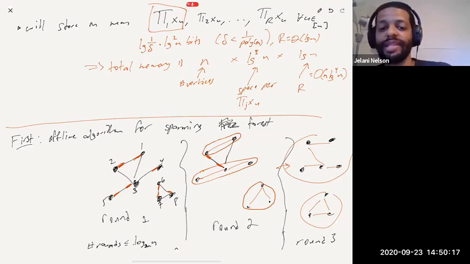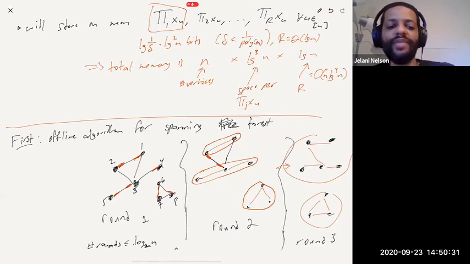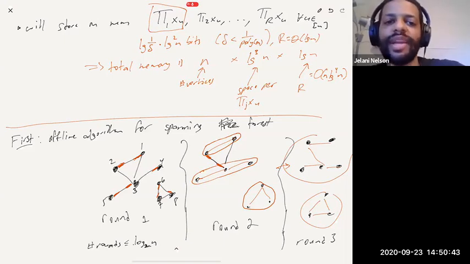When you go from one round to the next, it divides by 2. And in the beginning, the number of non-maximal components is at most n. Every vertex is by itself in its own blob, and every vertex is its own super vertex. So the number of rounds before you have no non-maximal components is at most log base 2 of n, which is related to why I chose R. R basically is the number of rounds that we're going to run the randomized algorithm for in the streaming model. Okay.